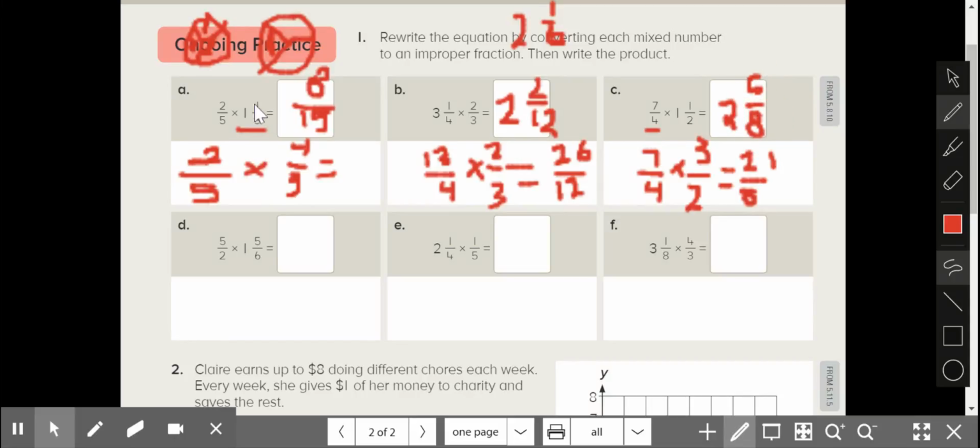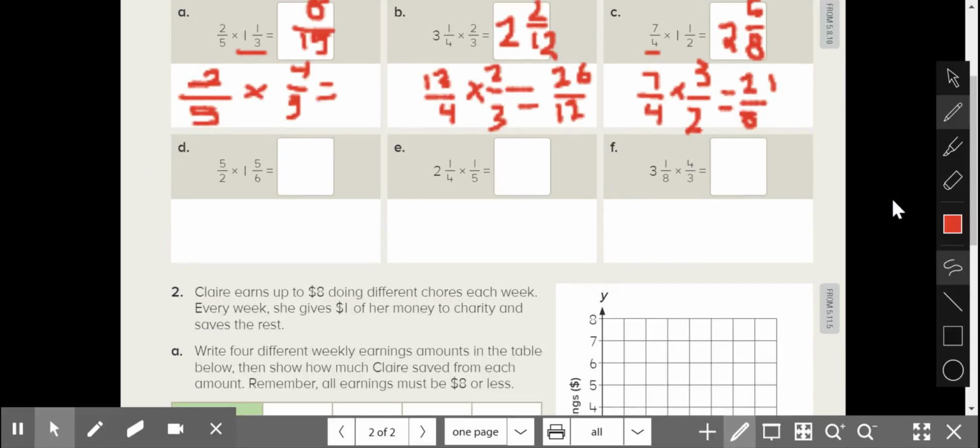So pause it, work on D, and then come back, and you'll see the answer for D, or how to do D. 5/2 is already an improper fraction, and then we're going to multiply it times 1 5/6. We've got to make this an improper fraction as well. 1 times 6 is 6, plus 5 is 11, so we have 11/6.